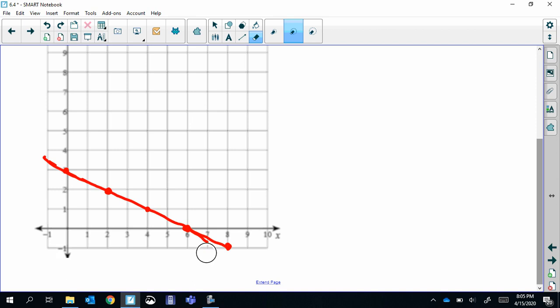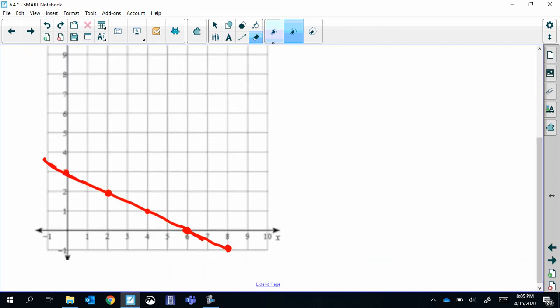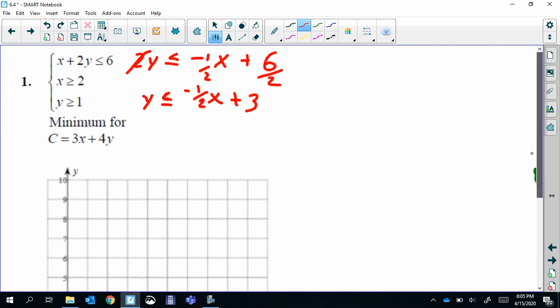And when it comes to shading, it was less than, which means we're shading the down, bottom side of that, straight down from this line. All right, but that's only one of the 3 equations we have.